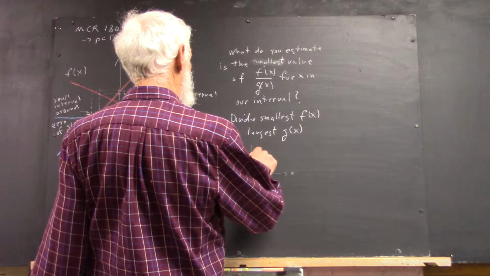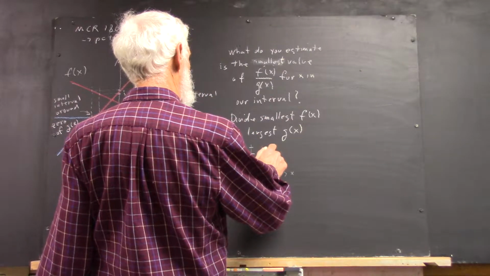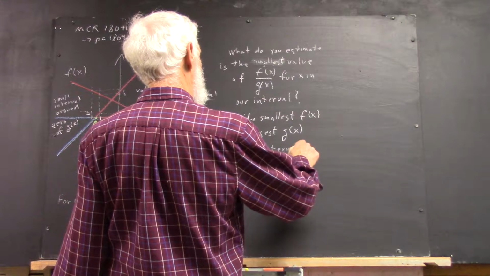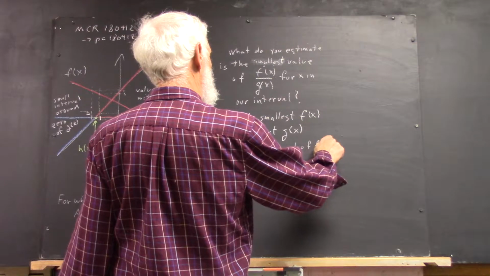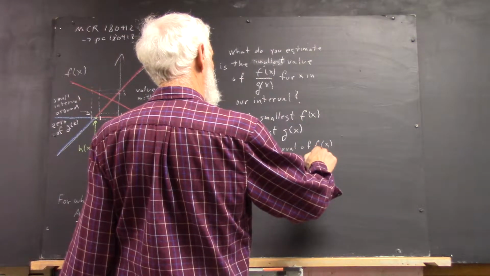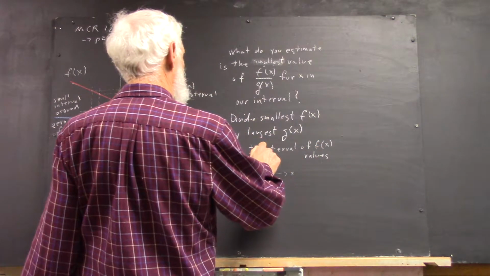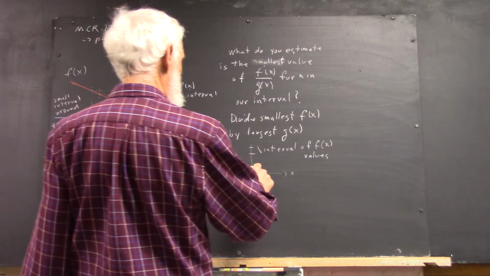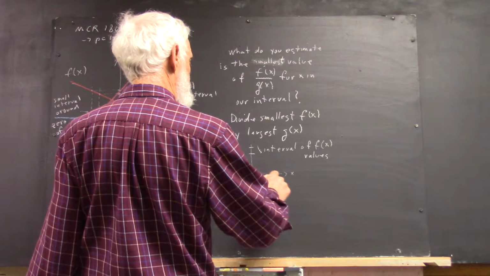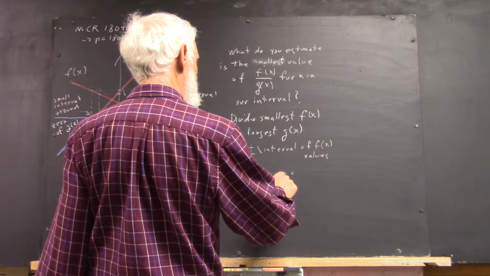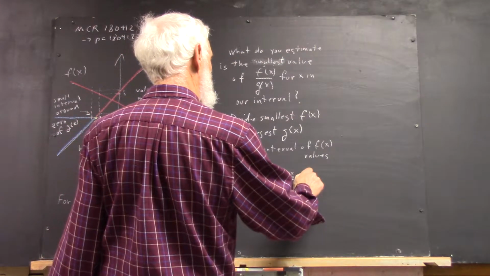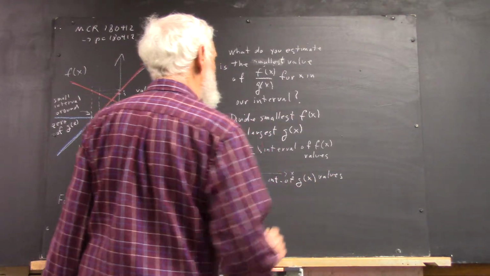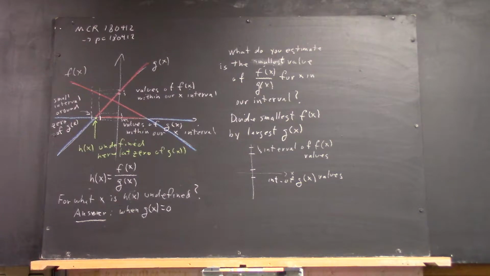I'm going to draw these intervals again. So here's our interval of f of x values, and here's our interval of g of x values. Which f of x are we going to use?